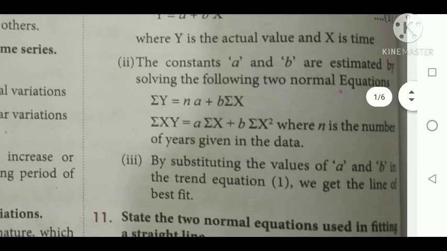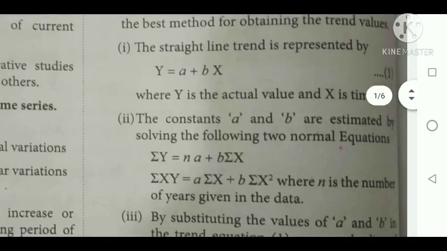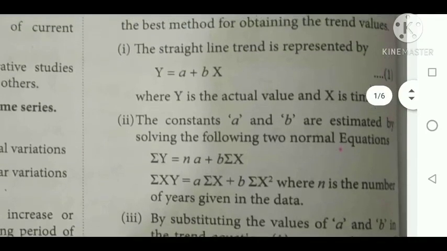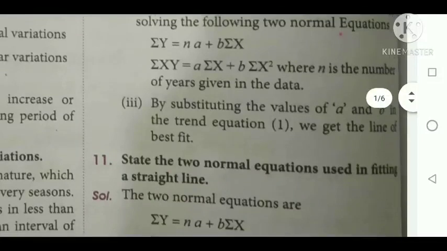The next step is solving the following two normal equations: sigma y equal to n times a plus b times sigma x, where sigma is summation, and sigma xy equal to a times sigma x plus b times sigma x squared, where n is the number of years given in the data. Now we substitute the values of a and b and get the line of best fit. We use these three equations in this chapter.